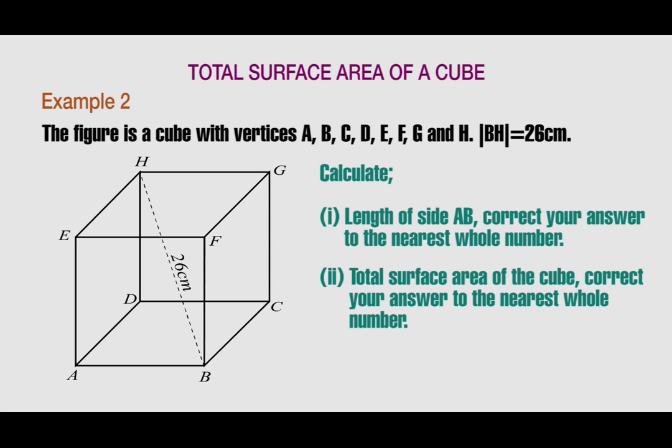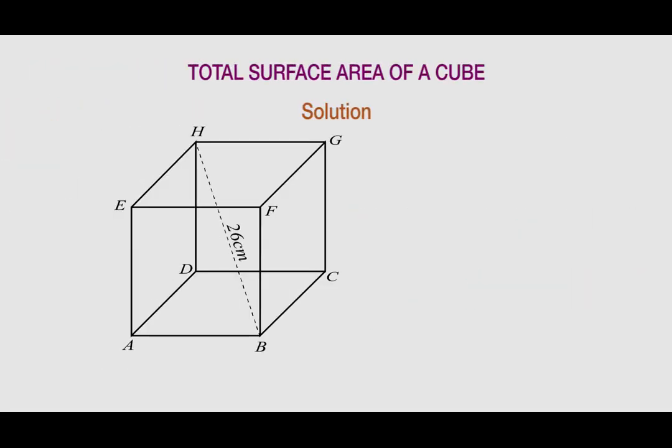Let's look at the solution. As you can see from the diagram, we need to find the side AB, and we can apply the Pythagoras theorem. First, let us represent the side with a variable x. Remember that the cube has all sides equal.